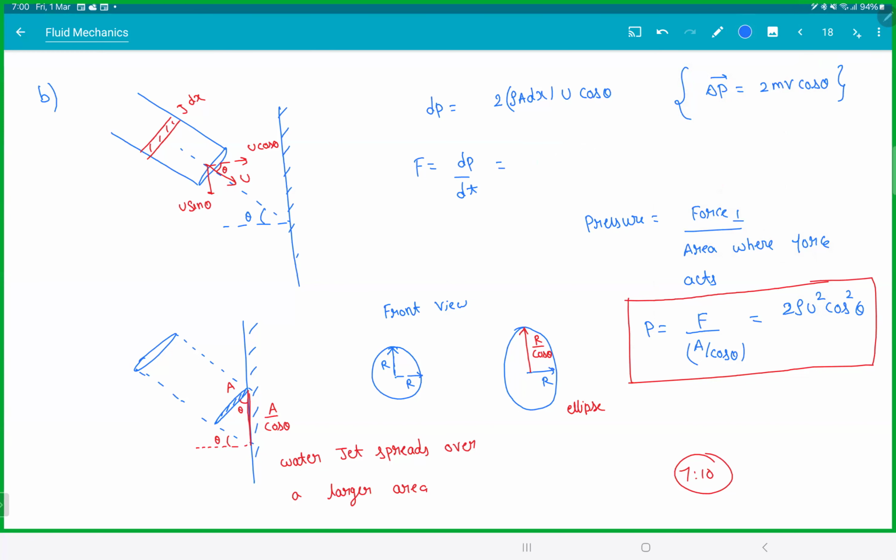Look at this: 2 rho A dx by dt, is u cos theta what? dx by dt is still u only, no? So what will come? Only one cos theta will come. Okay, understood. So you're not replacing u with u cos theta, you're putting it in dx by dt. Yeah, okay, got it.